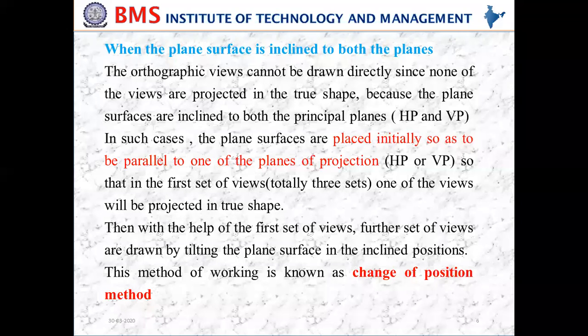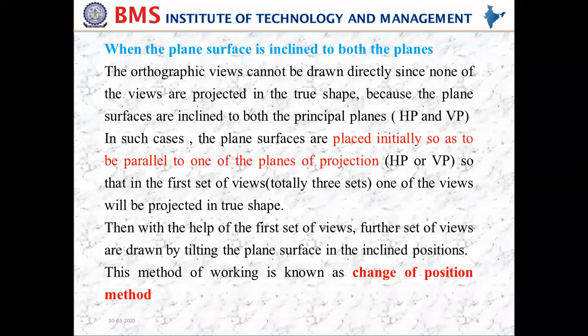So two things you need to remember here. One is when the lamina is inclined to both the planes, I cannot directly draw the orthographic views, that is the front view and the top view. For that reason, first we keep the lamina parallel to any one of the planes, depending on the condition.